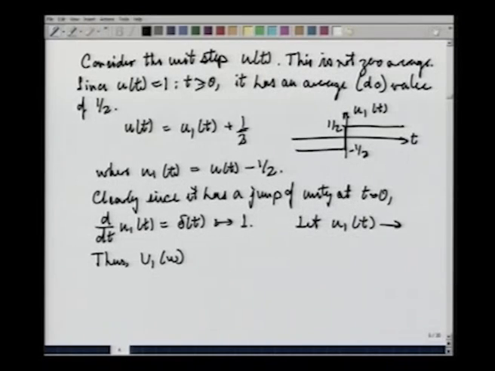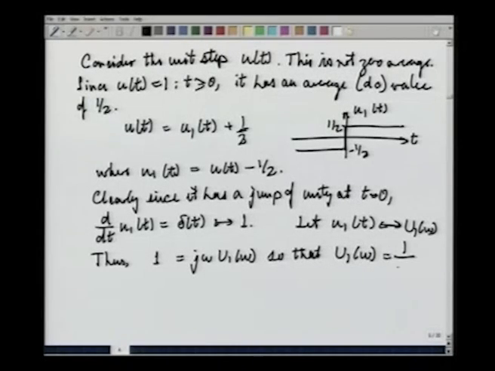If u1 of t has a transform u1 of omega, then 1, which is the Fourier transform of delta t, equals j omega times u1 of omega, so that u1 of omega equals 1 by j omega.